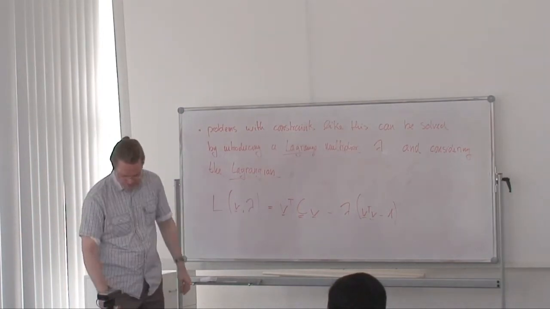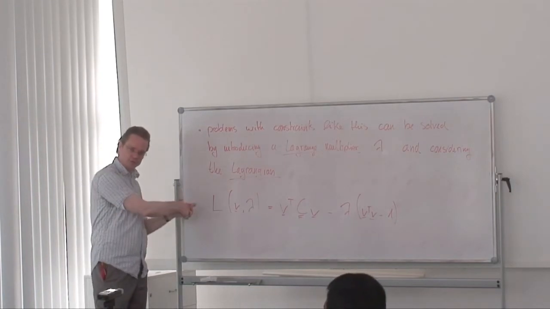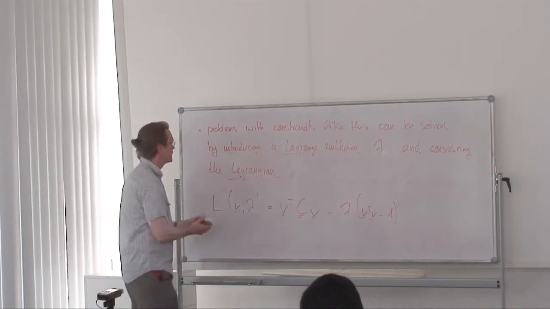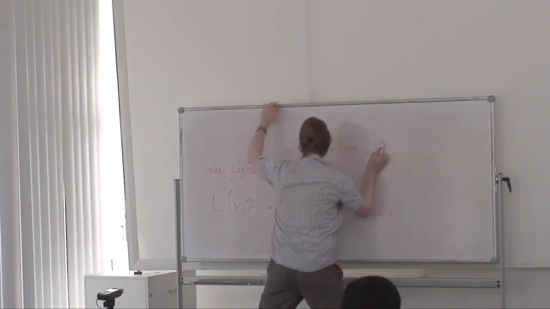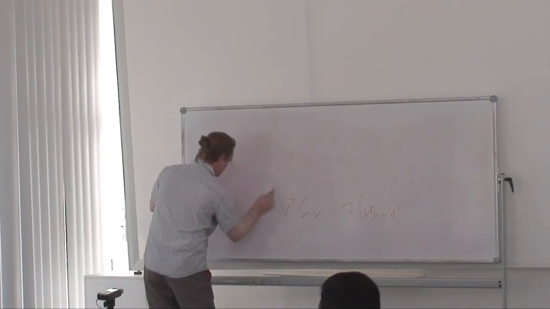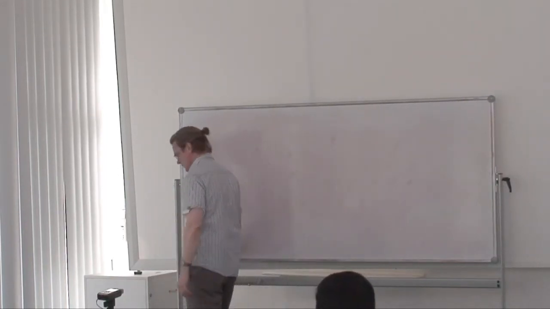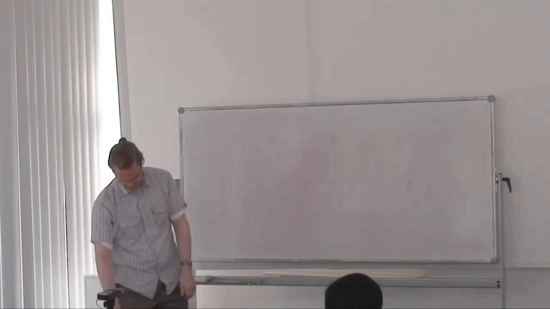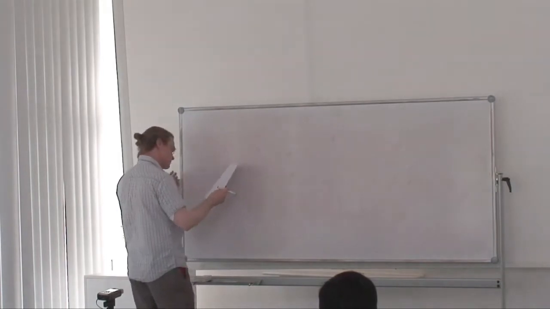So I will ignore why this works. I just claim we can do this. Maybe I'll have a lecture note about this. Actually, it's not rocket science, but let's just believe it.